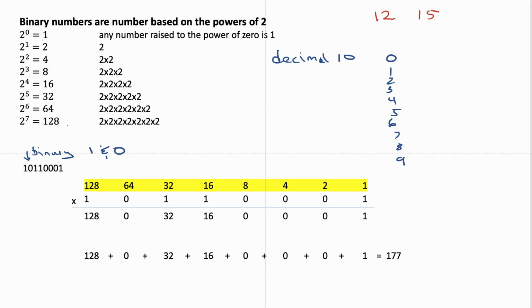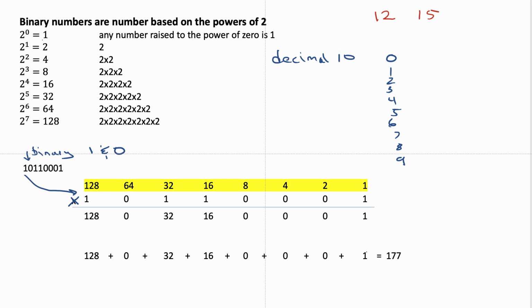So again, we write down the powers horizontally. 128, 64, 32, 16. This all came from this chart. And then right below it, you just put in your binary number, taking it straight from here: 1, 0, 1, 1, 0, 0, 0, 1. And then you multiply it together. So 128 times 1 is 128. Then 32, 16. All the other ones are 0.